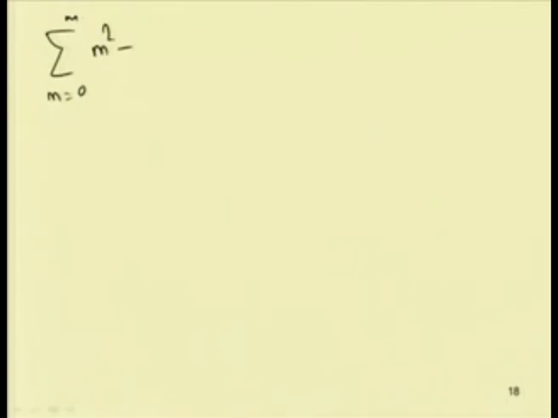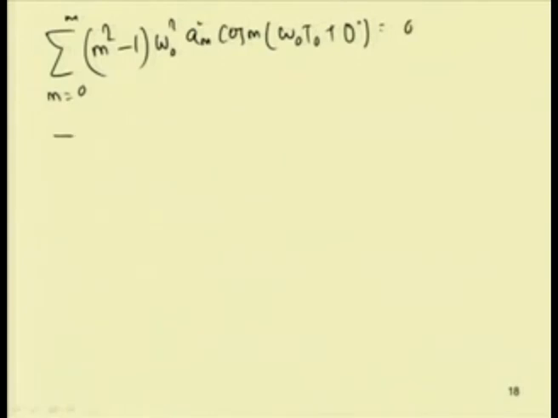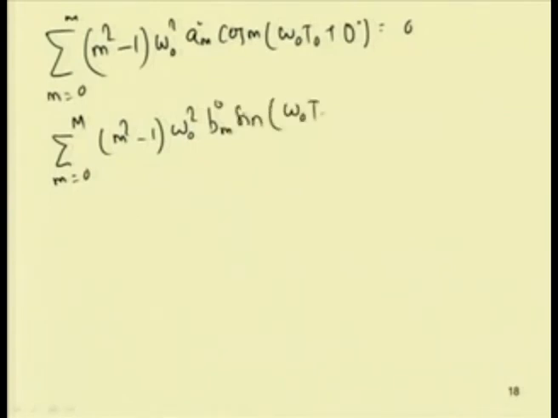So, this becomes m square minus 1 into omega 0 square into AM 0 cos of m omega 0 t 0 plus theta 0 equal to 0, and also the sum over m of m square minus 1 into omega 0 square BM 0 sin of omega 0 t 0 plus theta 0 equal to 0.